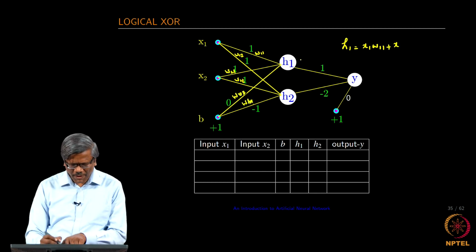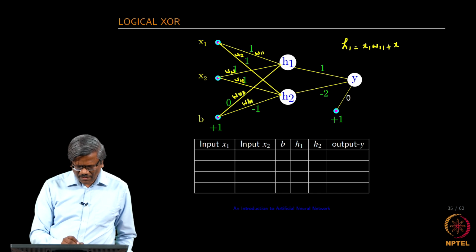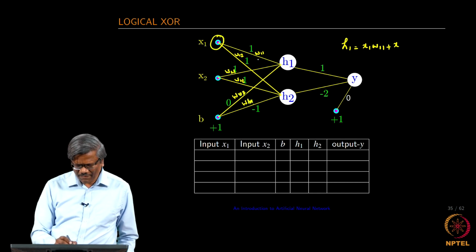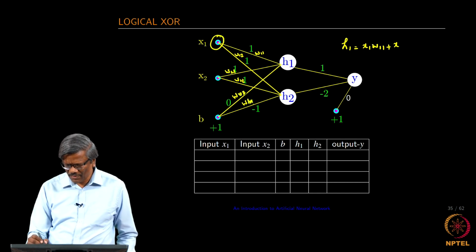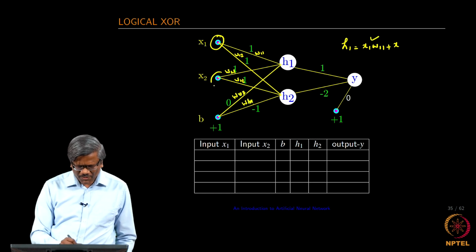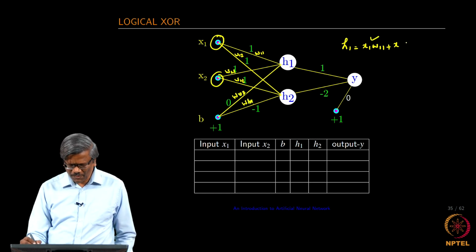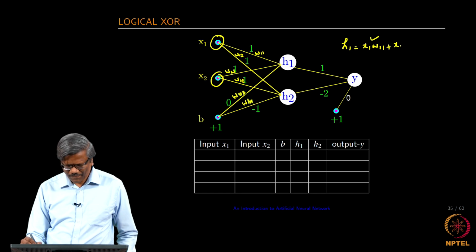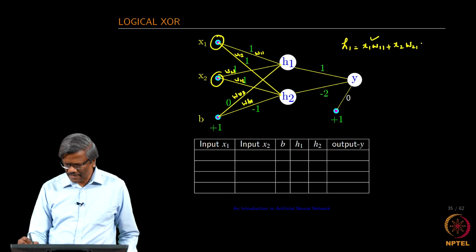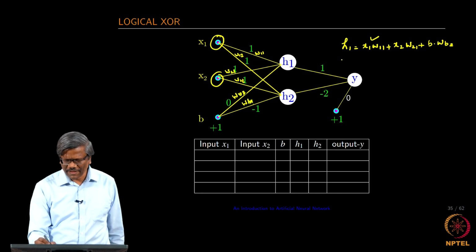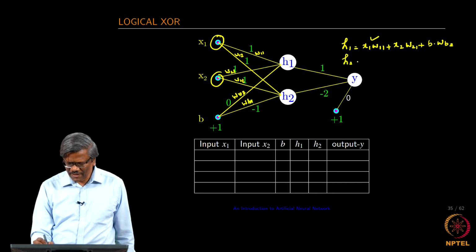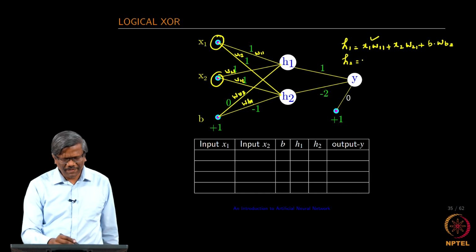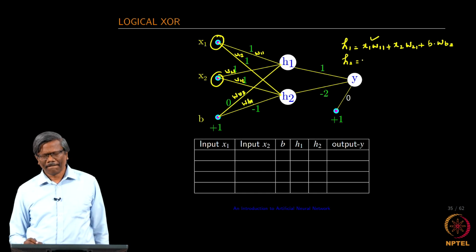So, for H1, x1 is contributing its value through W11, that is why we have it here. X2 is contributing its value to H1 through W21. And then the bias is contributing its value through B into WB2, right. So, you can compute H1 and H2 in this fashion for every input that you are providing.